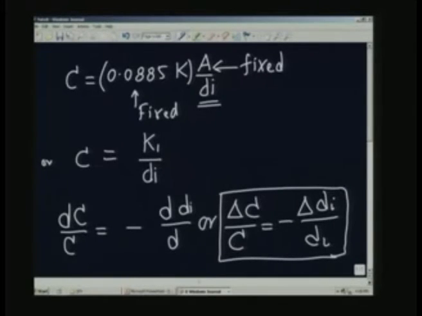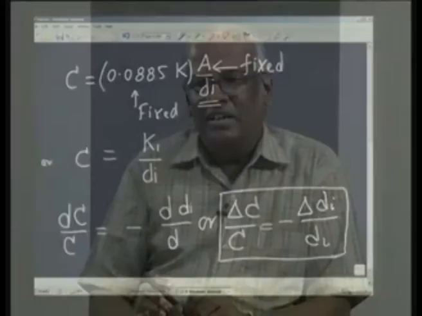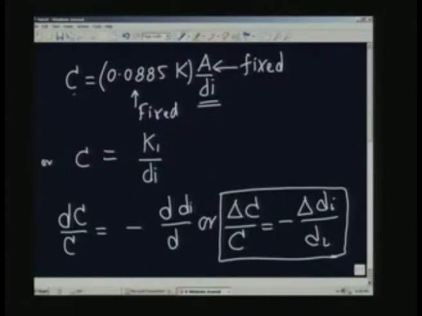So, the change in the capacitance with respect to the capacitance is simply the negative of the change in the delta d, the distance between the two divided by d. So, if the d decreases, the capacitance increases, and if d increases, the capacitance decreases, which is of course true. So, you can also see here the C itself is equal to A by D is in the denominator.